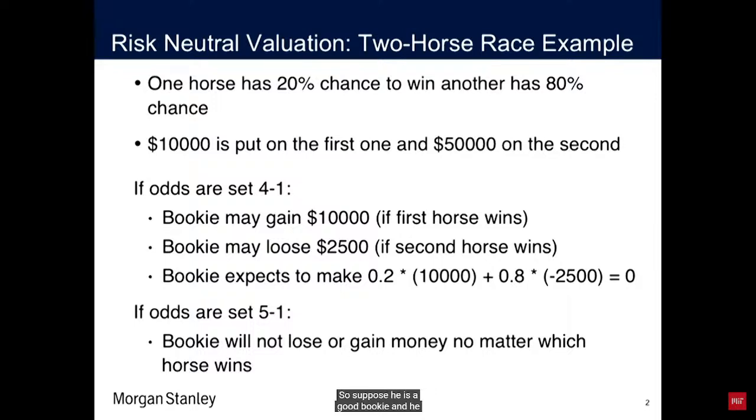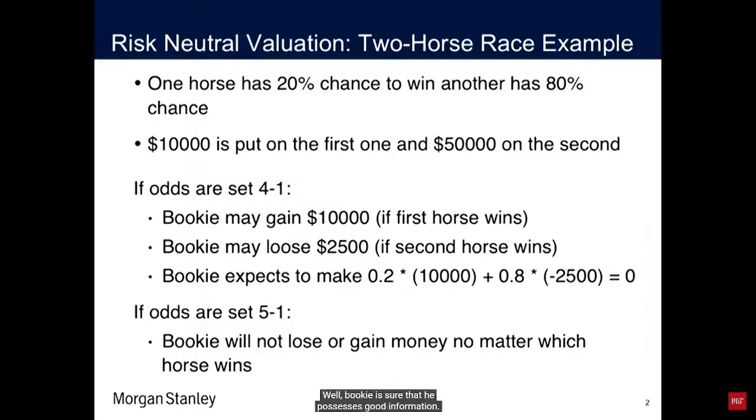Suppose it is a good bookie and he knows the horses quite well, and there are 2 horses. He knows for sure that one horse has a 20% chance of winning and the other horse has an 80% chance of winning. Obviously, the general public doesn't have all this information, so they place bets slightly differently, and in the end there is 10,000 bet on one horse and 50,000 bet on the other horse.